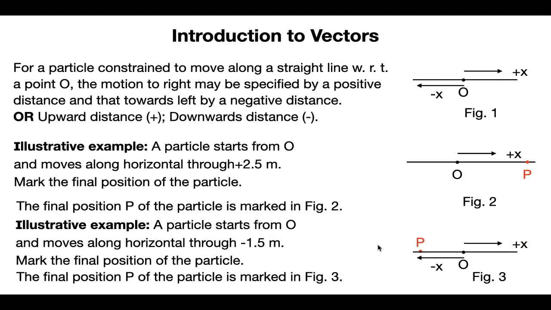This final position is marked by the point P. Positive distance, negative distance. So if we know the distance from point O and the sign of the distance, we can exactly locate the position of the particle. So P can be located.